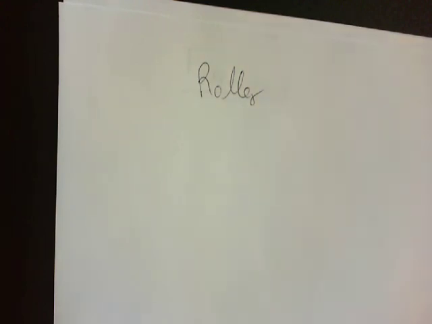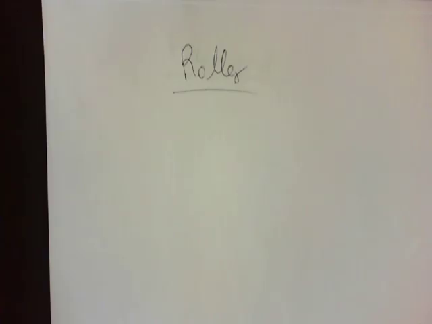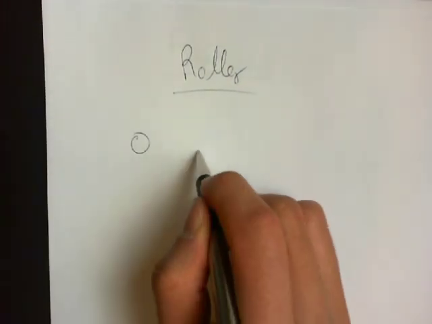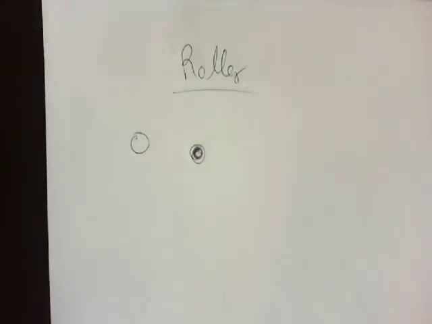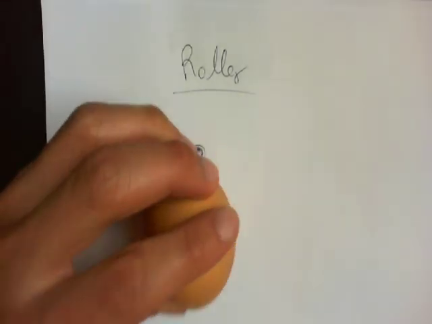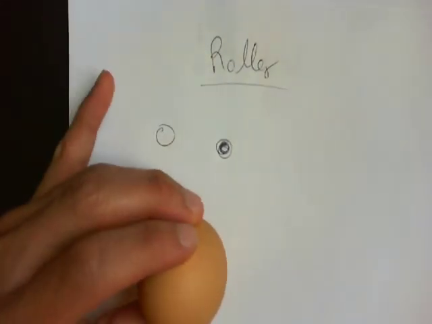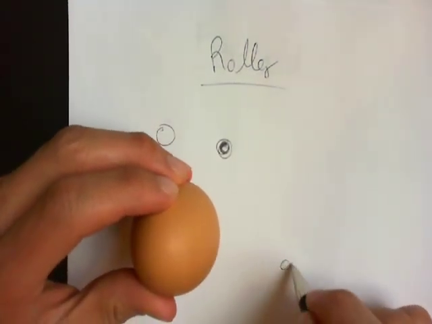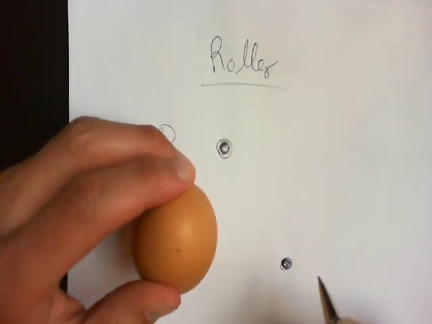Next we have a roller. Think of a roller as a wheel or a sphere. Okay? Suppose I've got this egg. Pretend that it's a sphere. Suppose this egg is this sphere here. Okay?